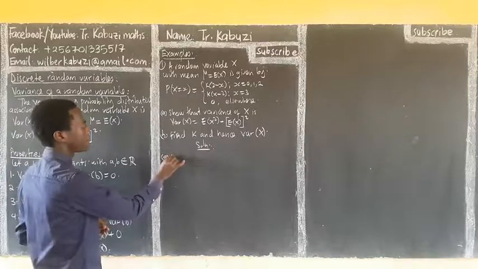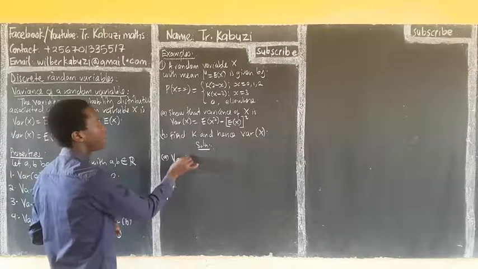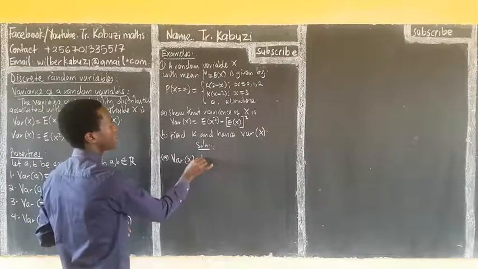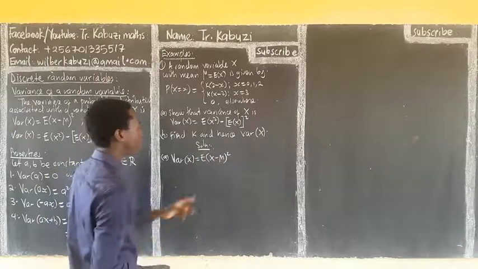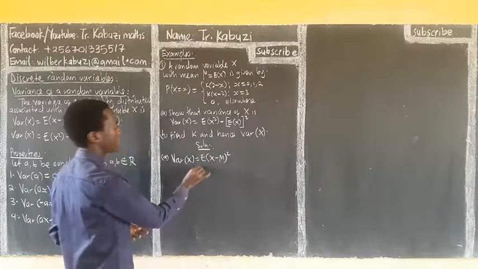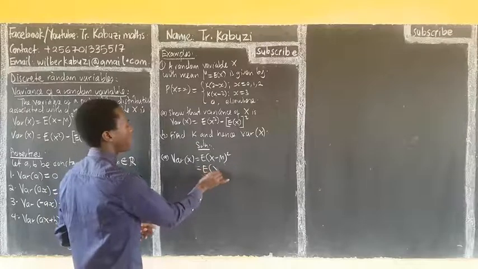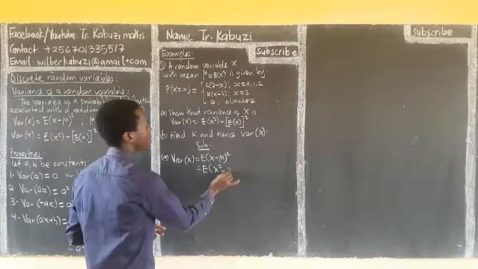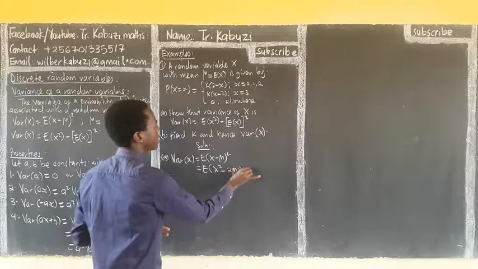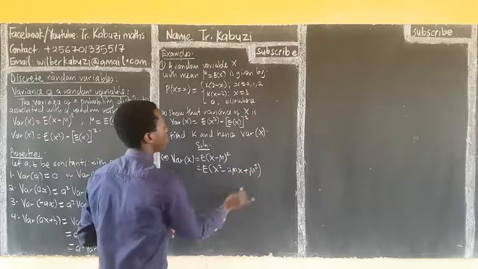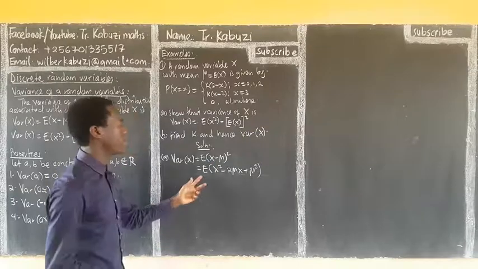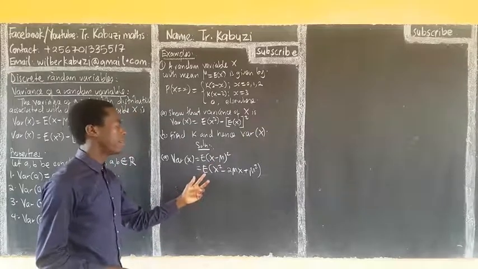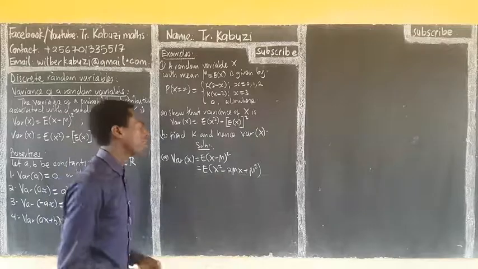We have seen that var of x is the same as e of x minus mu, the whole squared. So can we expand this bracket? We expand this, we have x squared minus 2 mu x, then plus mu squared. Then we know that the mean has a property, this expression has a property of going through all this.